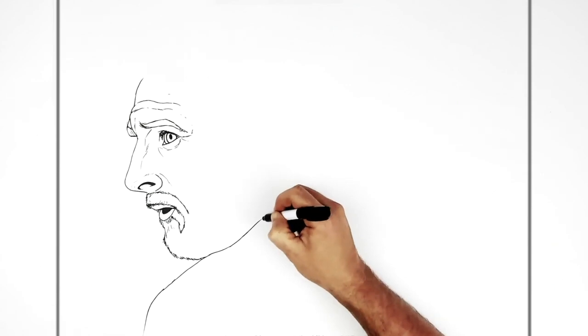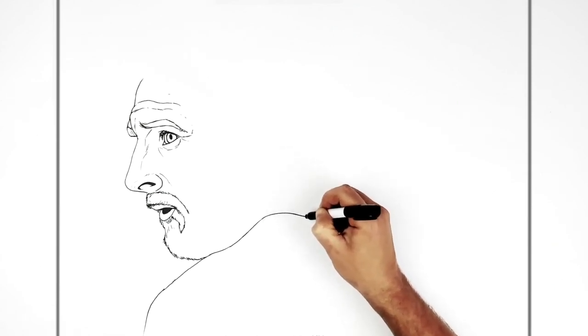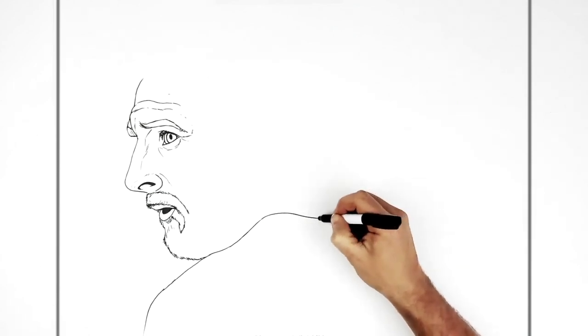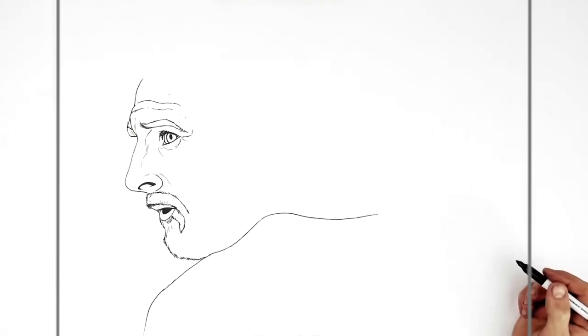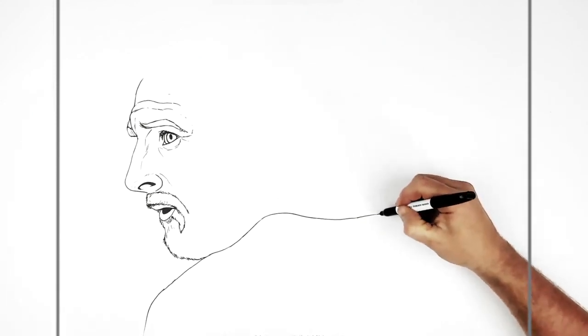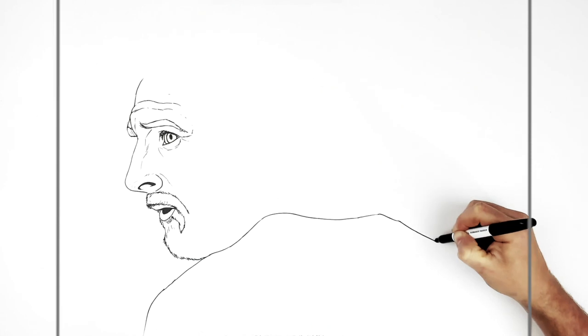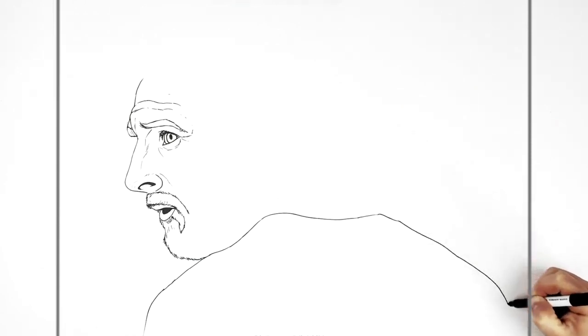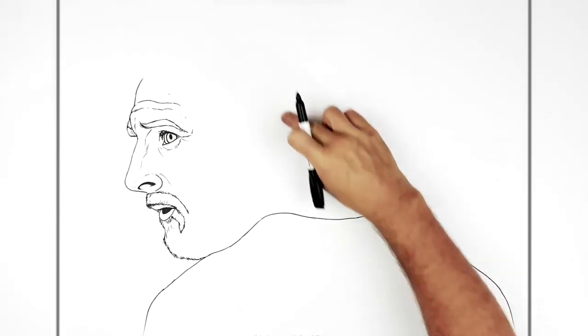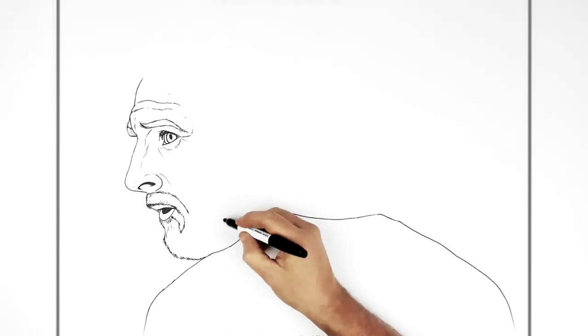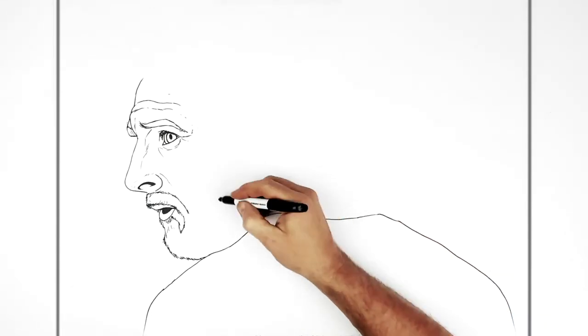We've got some bumps coming across his collar, at the back of his neck. Across like that. So then the rest of this just comes down this way, down for his shoulder on that side. So that's the length of his back, and his neck will come up here somewhere. But we'll just finish his jaw and his beard first.